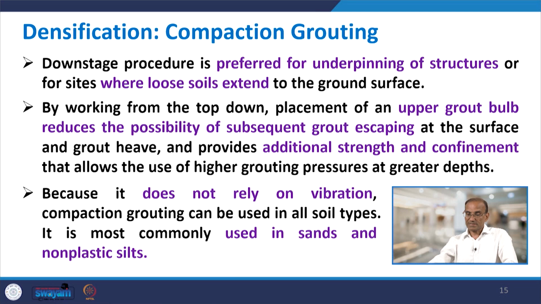It provides additional strength and confinement that allows the use of higher grouting pressure at greater depth. Because the grouting does not rely on vibration, compaction grouting can be used for all types of soils, including cohesive soils. It is most commonly used in sands and non-plastic soils.